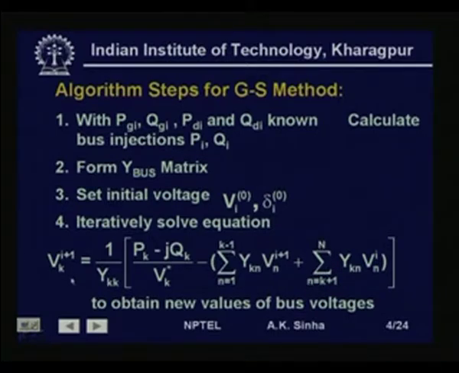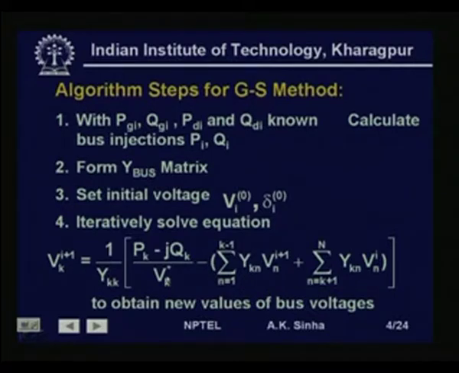Now, here what we are saying is we are trying to use the latest available value. So, if we are solving for equation number say 5, where k is 5, then for V5, we already have solved for V1, V2, V3, V4.